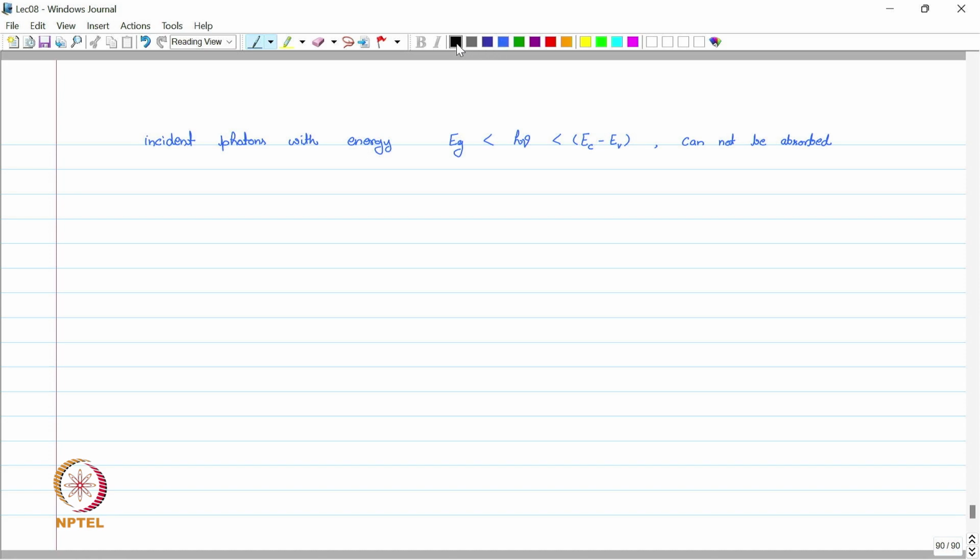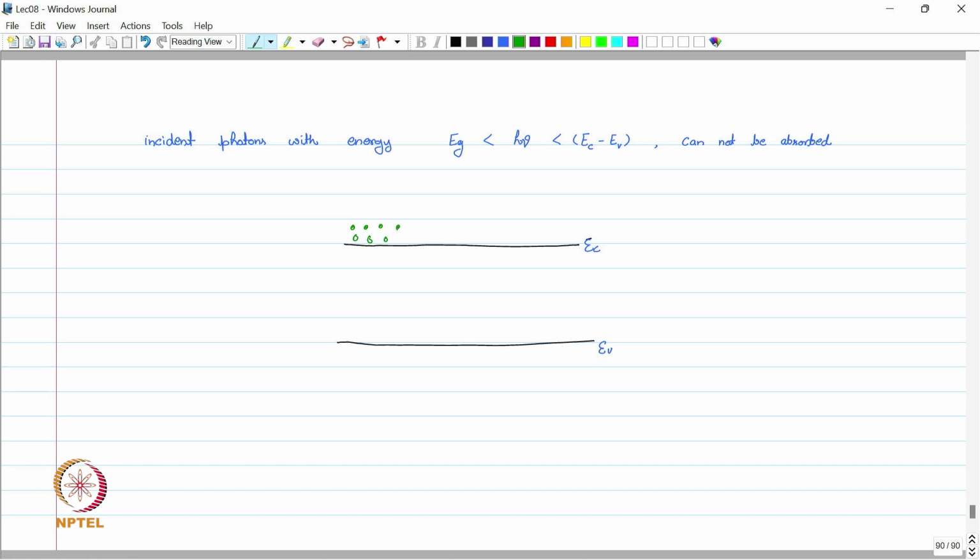So to understand this, let's draw this diagram again. We have a conduction band, and we have valence band, and we have population inversion. It means we have many electrons in the conduction band.